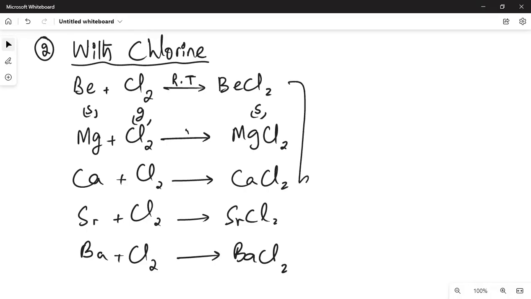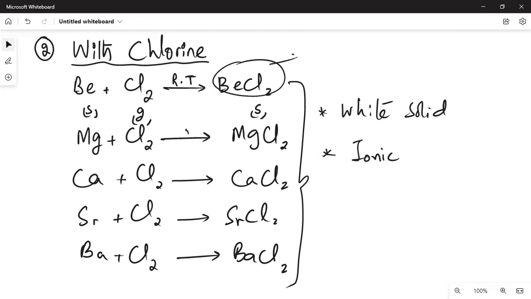Now, all these chlorides which are formed, these are all white ionic compounds. These are white solids. They're all ionic compounds except beryllium chloride, which is considered predominantly covalent, but all the others are ionic compounds. And naturally, they are generally soluble in water.